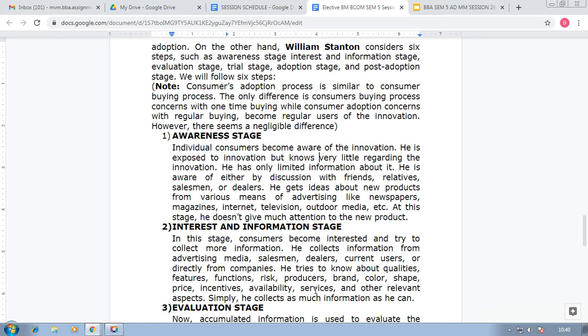So the first stage is the awareness stage, students. Every consumer becomes aware of the innovations. He is exposed to innovations. He knows very little regarding the innovations and technology. Fine.